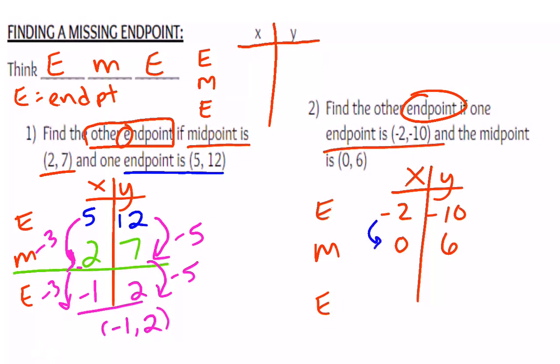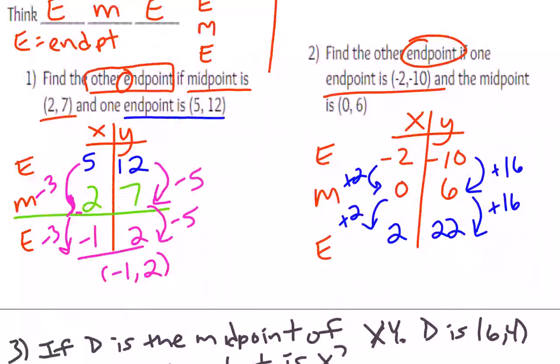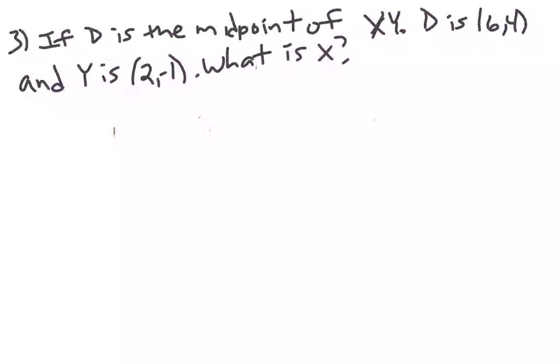So how do you go from negative 2 to 0? We're adding 2. So 0 plus 2 is 2. Careful on this one. Negative 10 all the way up to 6 is plus 16. So 6 plus 16 is 22. So that's finding the midpoint or finding the endpoint of segments. The other thing we can do with segments is to find distance.